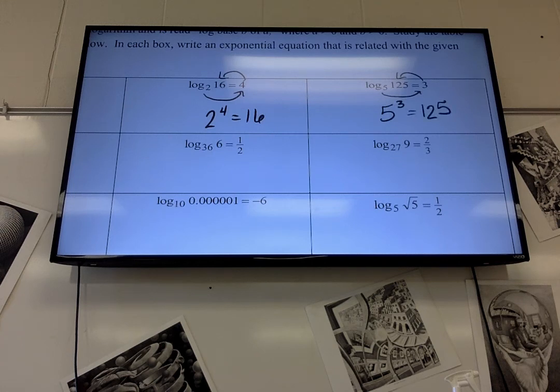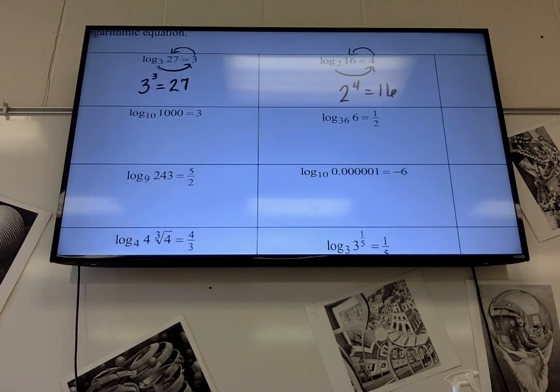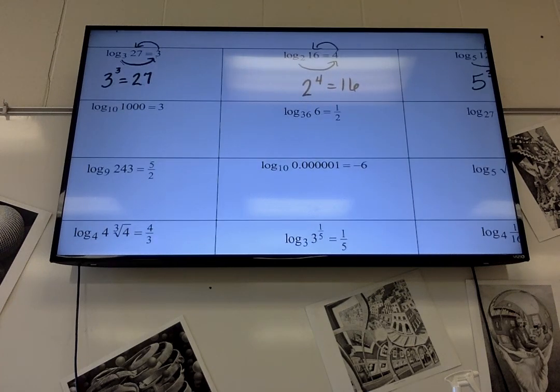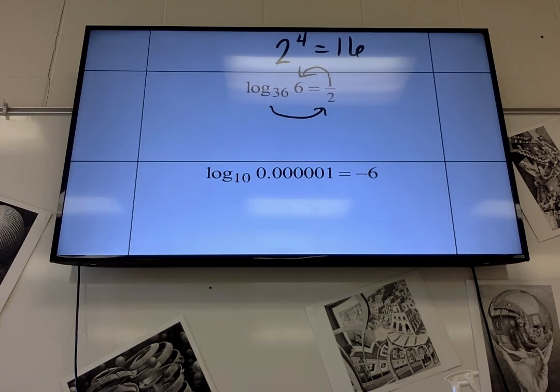Don't let fractions and negatives and all that stuff scare you. It's done the same. For example, I'm going to skip to this one real quick. We would write that as 36 to the 1/2 equals 6.